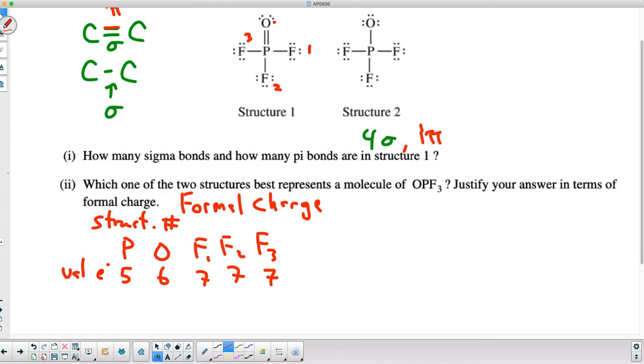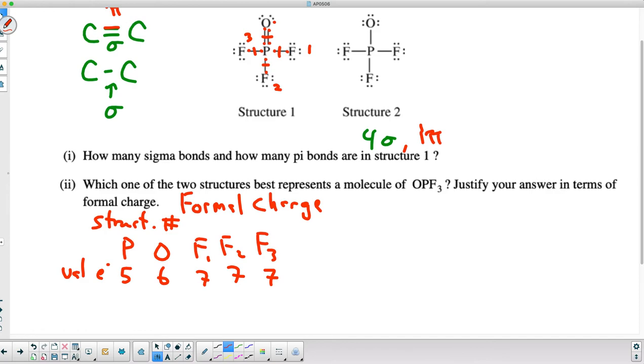this is the second F there. So for P, I have 5 electrons if I break each single bond and each double bond, and then I have 1, 2, 3, 4, 5 electrons. So I break the bonds, and the 2 electrons for a double bond go to the P, and 2 electrons for the double bond go to the O. So 1 sigma, yeah, there.